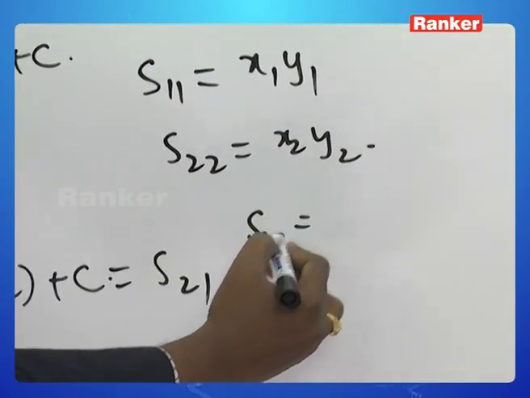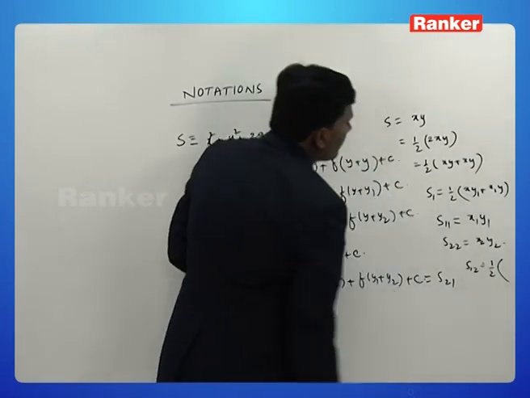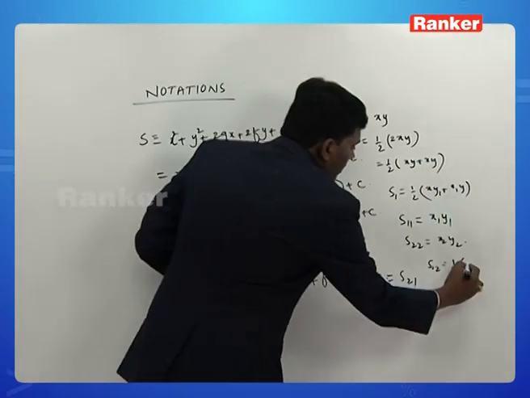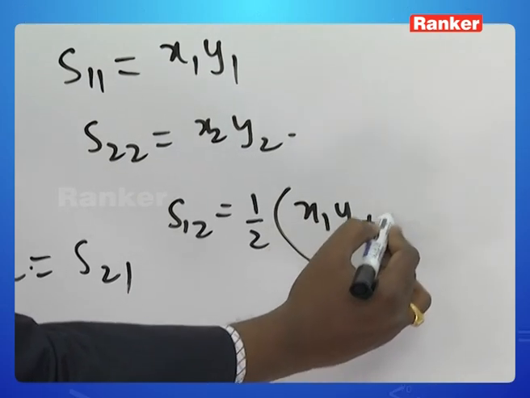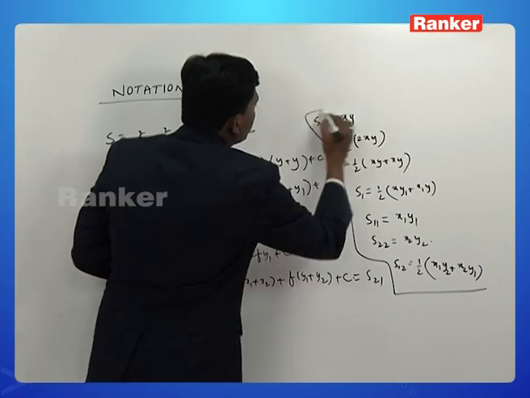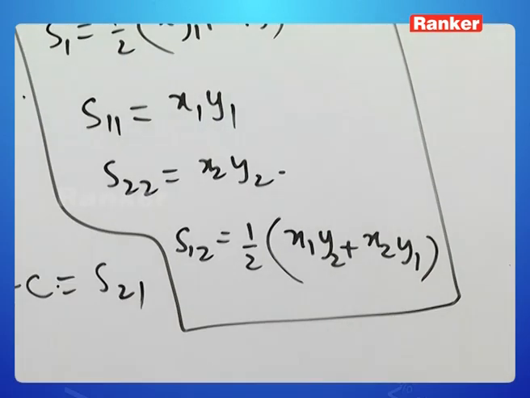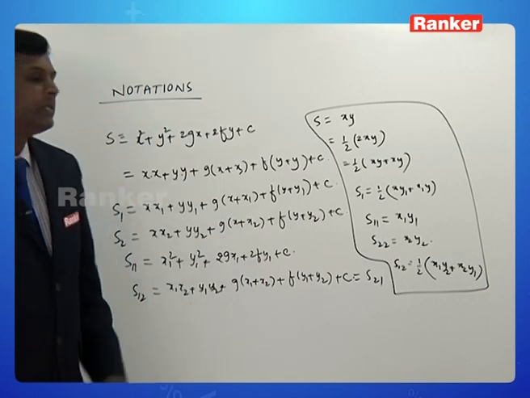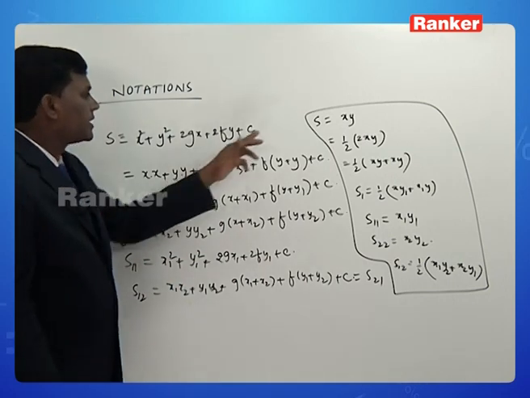If you want S12, replace one with x1 and y2, and the other with x2 and y1. This is the way of writing notations for S equals xy. In this chapter, there is no question of getting this term.